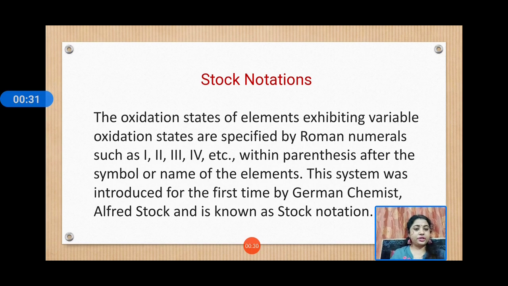The oxidation states of elements exhibiting variable oxidation states are specified by Roman numerals such as I, II, III, IV, etc. within parentheses after the symbol or name of the element. This system was introduced for the first time by the German chemist Alfred Stock and is known as stock notation.